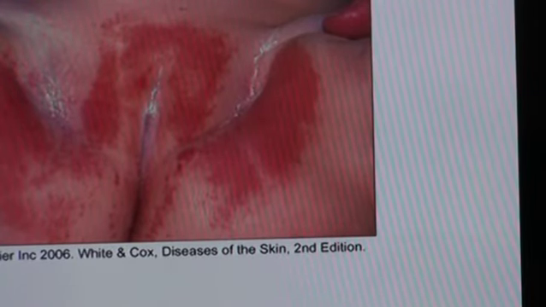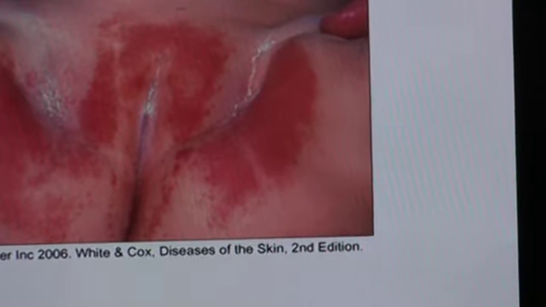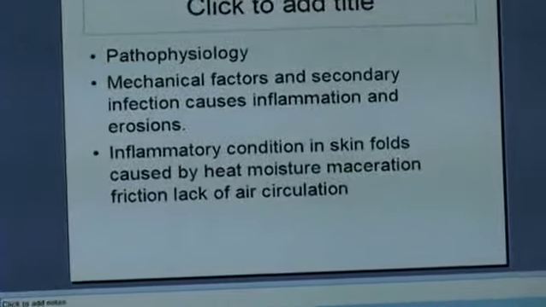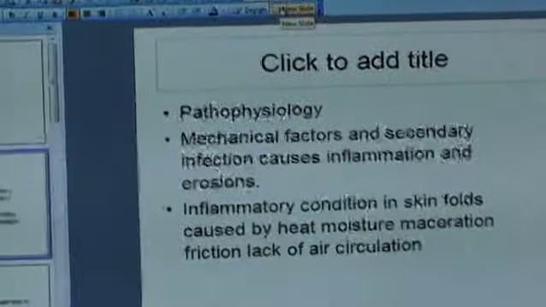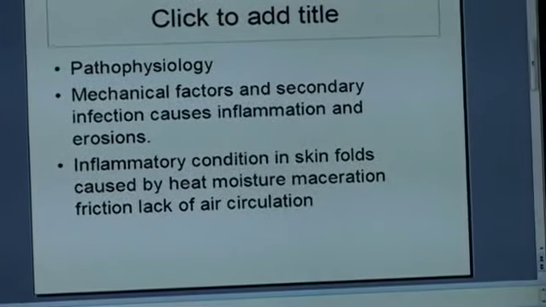All right, we start with Intertrigo. The pathology is basically secondary factors of inflammation and erosion. It's inflammation of the skin folds. It's moist, it becomes macerated. Friction, and there's lack of circulation, which starts everything off.